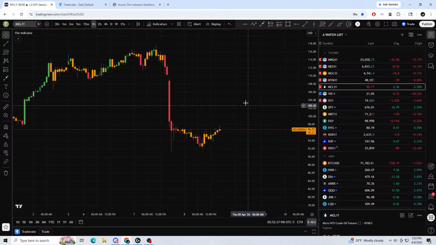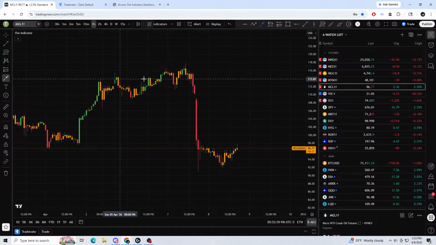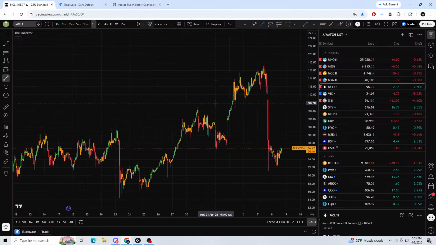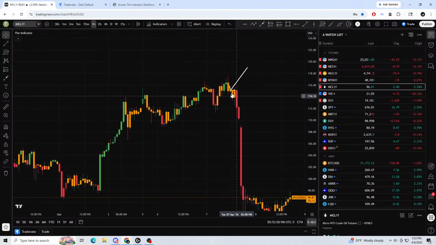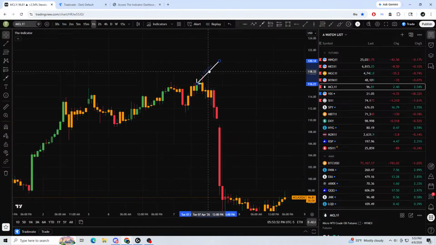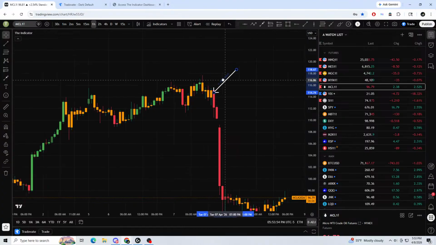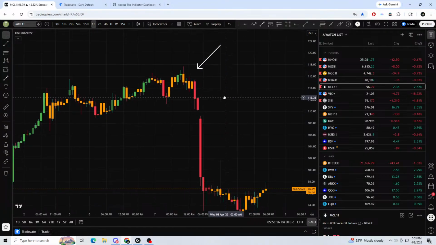Yeah, look at this. What's really cool is this massive dump that we had right before it. We had this balanced consolidation. The indicator kind of pre-saw the move happening up there before the dump.